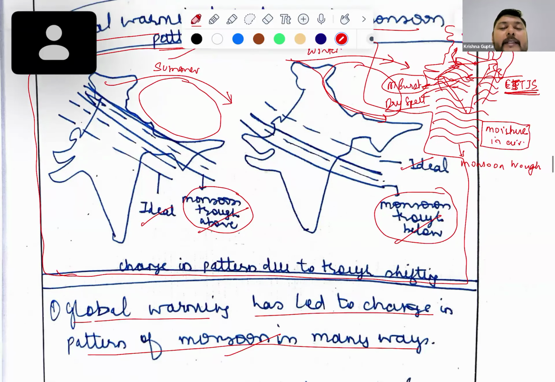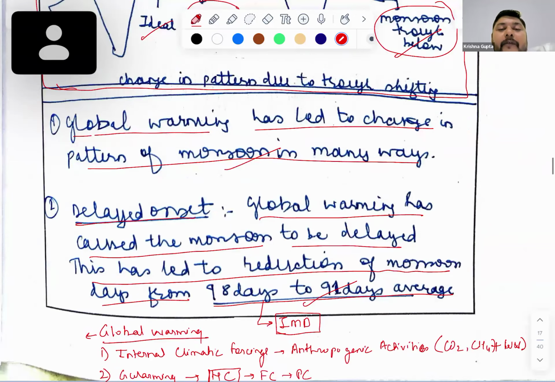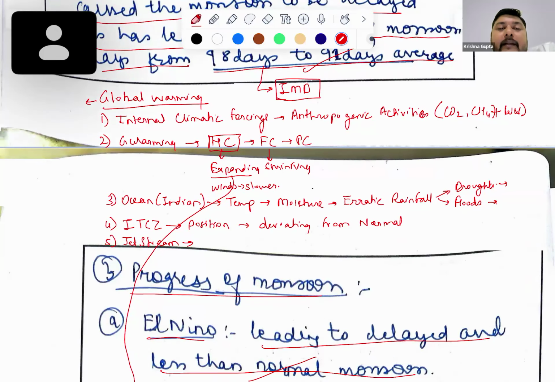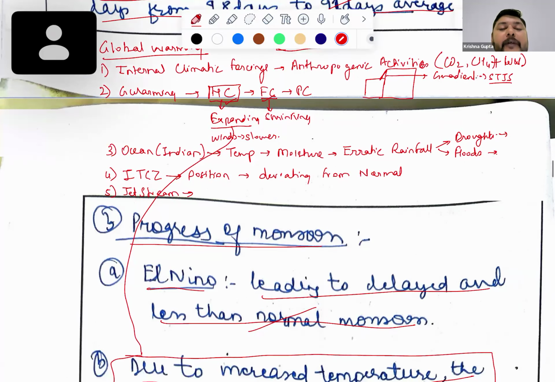So what we are seeing here is that because of the Hadley cell expansion and Ferrel cell shrinking, there is an increase in the gradient of this subtropical jet stream, because of which the jet streams are getting unpredictable.